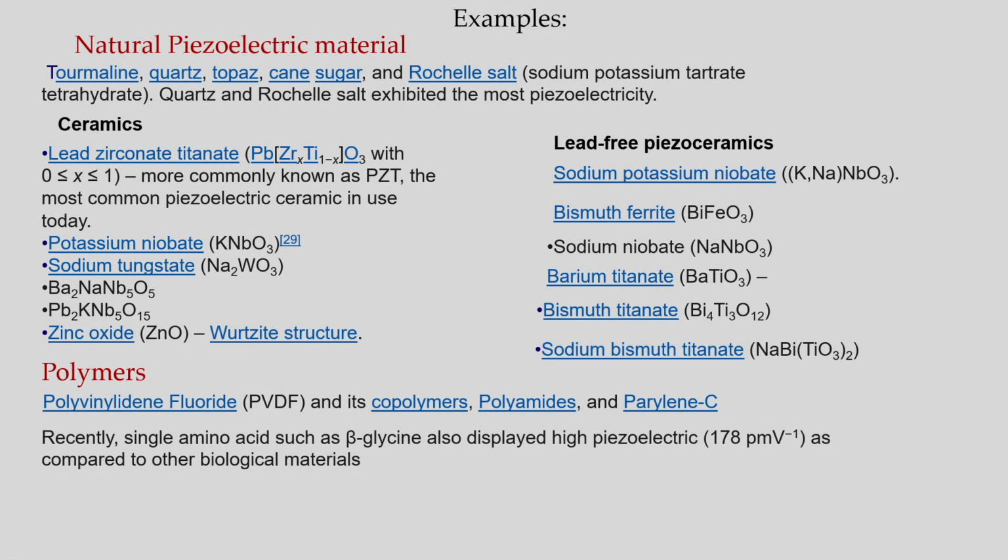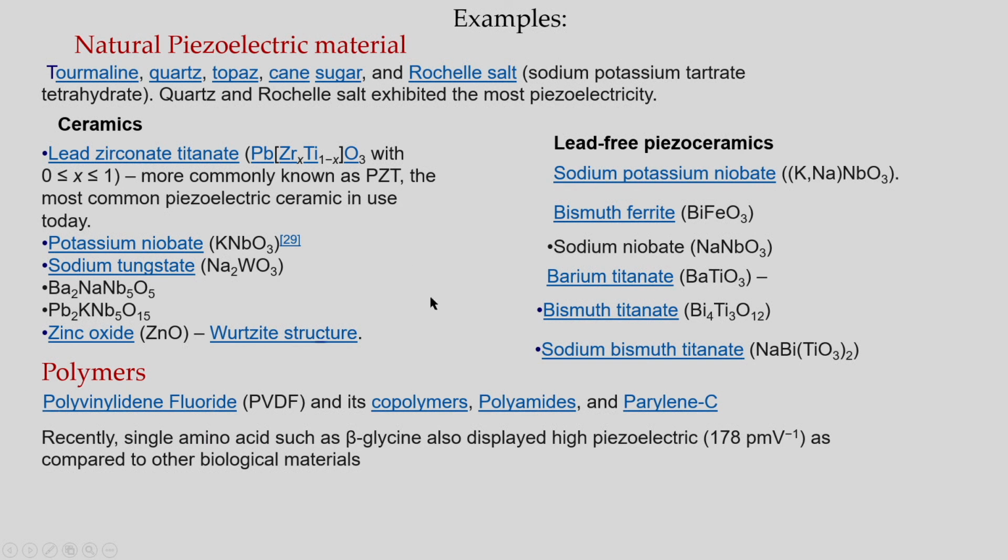Recently, because lead causes environmental pollution and is not good for health, the concept of lead-free piezo ceramics came into the picture, and researchers have developed different materials like sodium potassium niobate, bismuth ferrite, barium titanate, bismuth titanate, and sodium bismuth titanate.